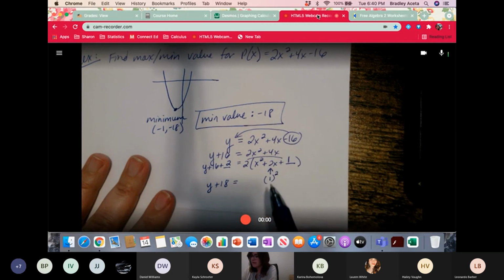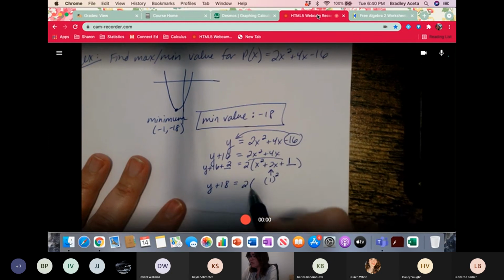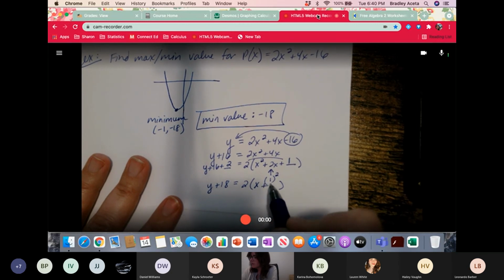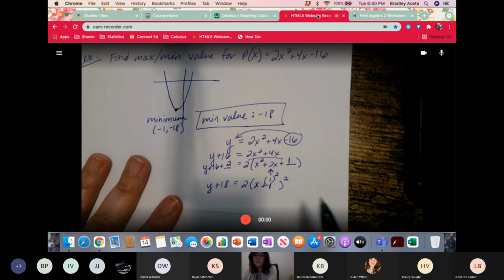What do I have on this side? Well, the 2 stays there. I write it in a factored form. Oops, I was a little squished there. That factored form is always x and then whatever that number is, plus 1 squared. And then bring the 18 back over.